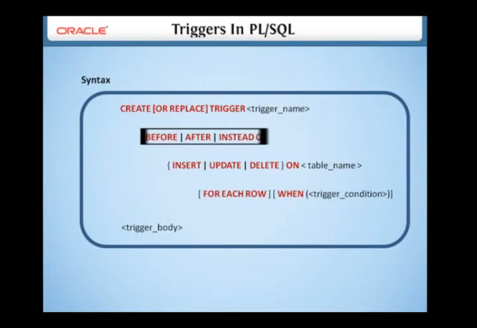BEFORE, AFTER, INSTEAD OF: here we can specify any one of these. BEFORE specifies that the trigger fires before executing the triggering event. For a row trigger, this trigger fires before each affected row is changed. AFTER specifies that the trigger fires after executing the triggering event.